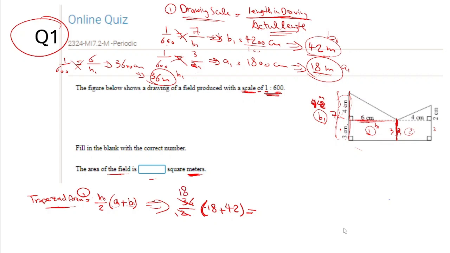So now we add this 18 plus 42 equal to 60. Okay, 60 multiply 18, it will be 1080 meter square. Area means meter square.